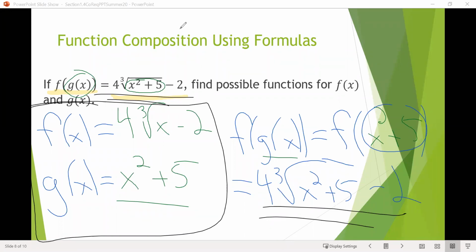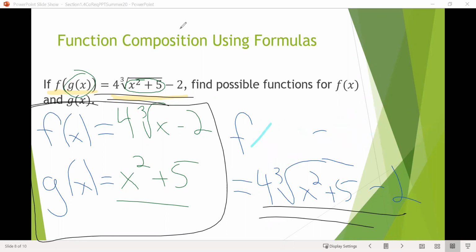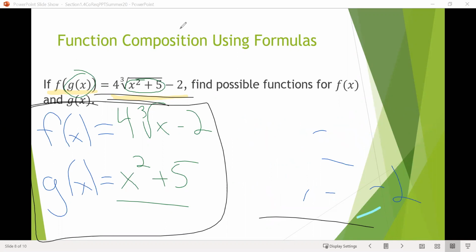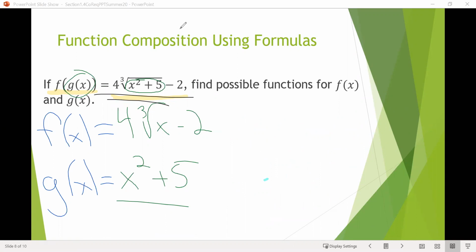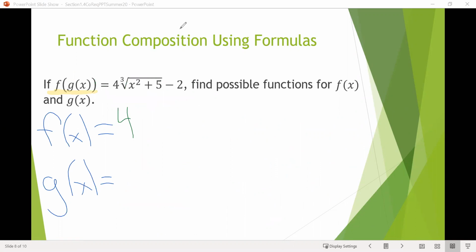Now the next question would be, are those the only possibilities for what f and g could be? Could they be anything else? Well, let's try this on for size. What if I chose g of x to be, I'm going to make g of x equal to cubed root of x squared plus 5.